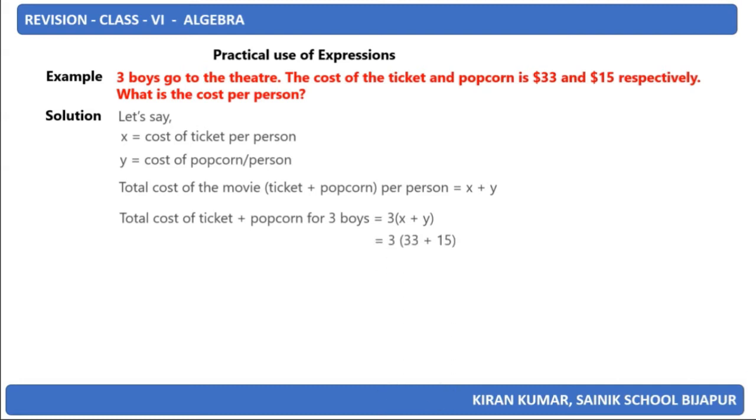So 3 times (33 plus 15), which is 3 times 48, which will be equal to 144. Hence, the total cost of movie ticket plus the popcorn for 3 boys is $144.